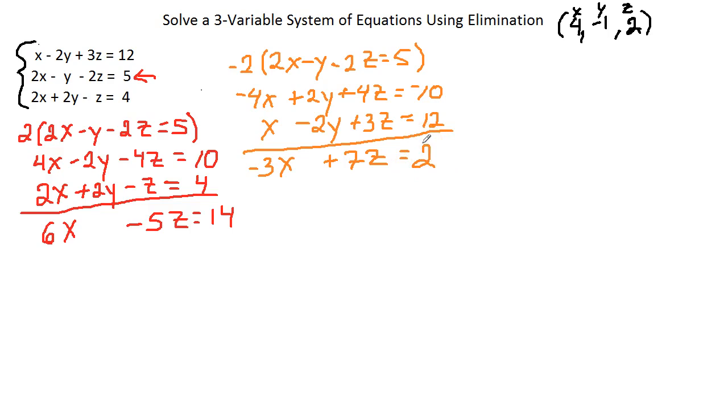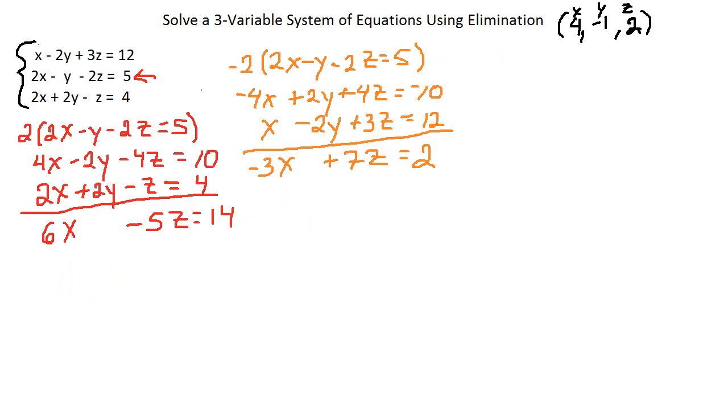All right, so now I have 2 equations and 2 unknowns. I have a red one and an orange one. I need to do an elimination with either x or z. Well, if I look, the x in the orange equation is negative 3. 3 goes into 6, so it would be easier to eliminate x's.